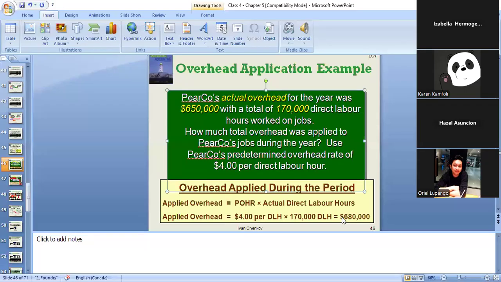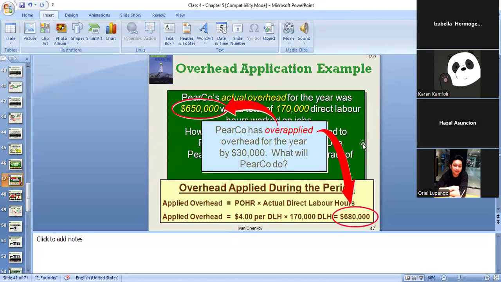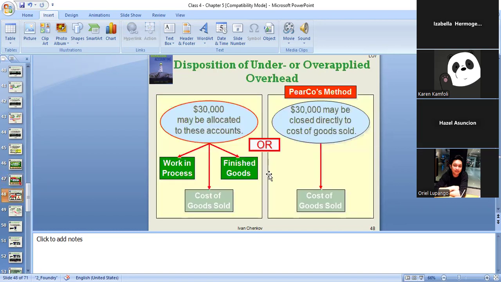So let's go back to the slides. And now we understand that in this case, we applied $30,000 more, which gives us the over applied of $30,000. So now the question is, what are we going to do with those $30,000? We understand we over applied, so we have two options here. Let's go back to the Excel spreadsheet.